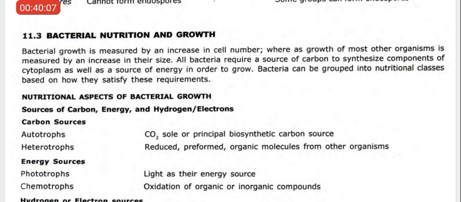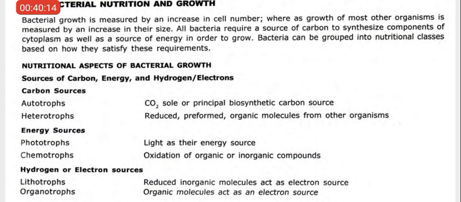Nutritional aspects of bacterial growth: sources of carbon, energy, and hydrogen, electrons. Carbon source: autotrophs, heterotrophs. Autotrophs use CO2 as their principal biosynthetic carbon source, but in the case of heterotrophs, reduced preformed organic molecules formed from other organisms.